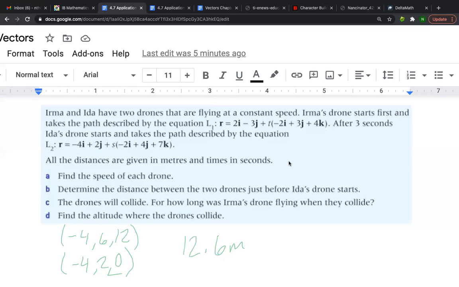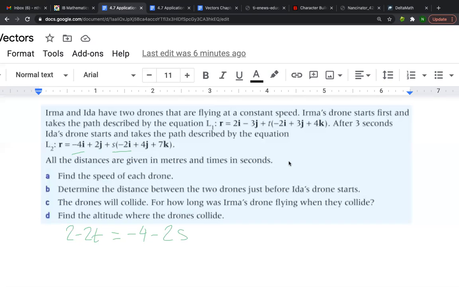All right, moving forward, it tells you that the drones will collide, and then figuring out how long Irma's drone was flying when they do collide. Okay, so what we do is we just solve the system. So you're going to set the pieces with the i's together. So it would be 2 minus 2t equals -4 minus 2s. So -4i minus 2si.